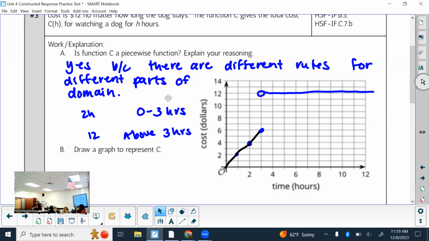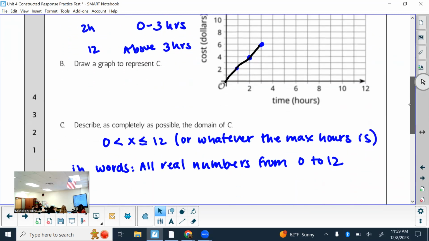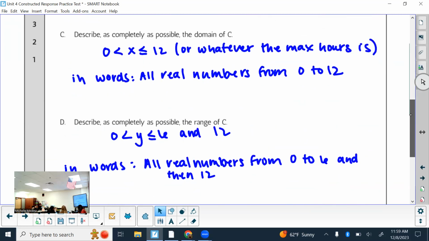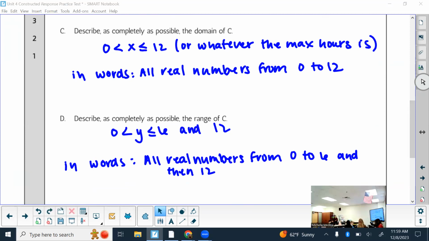All right, now. We drew the graph, we said it is a piecewise function. Here's what I put for the domain and range. So the domain refers to all the what in a function? All the x's.